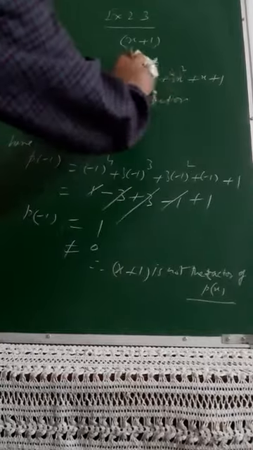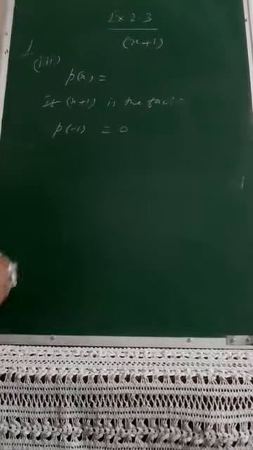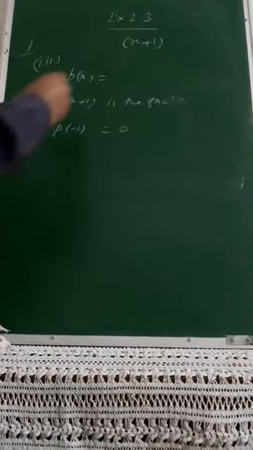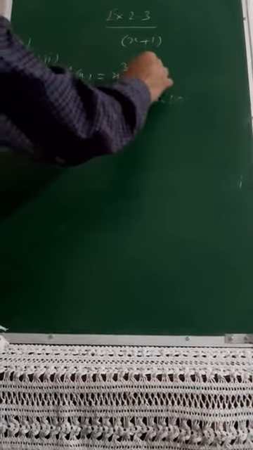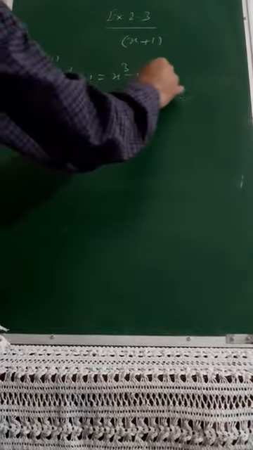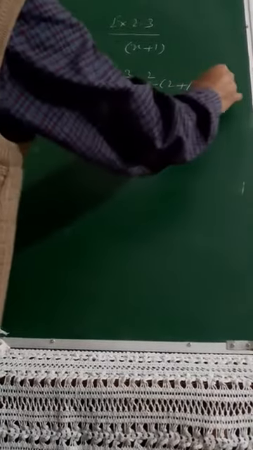Now let us see what is the fourth part. The polynomial given to you in the fourth part is x cube minus x square, then minus 2 plus under root 2 into x plus under root 2.